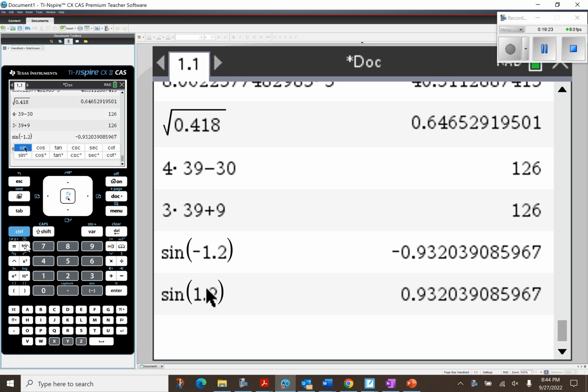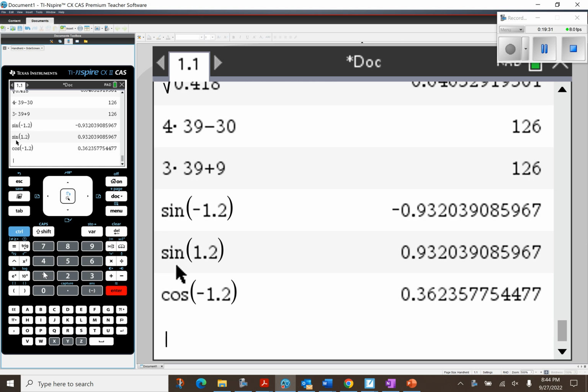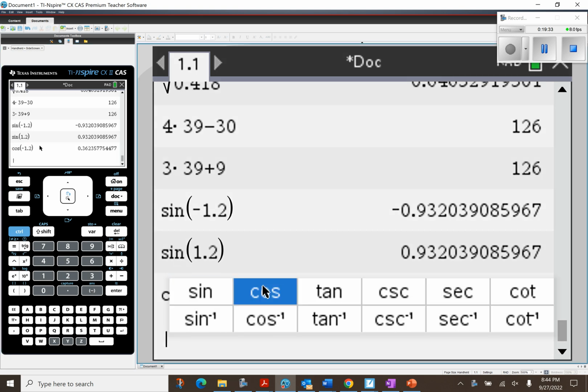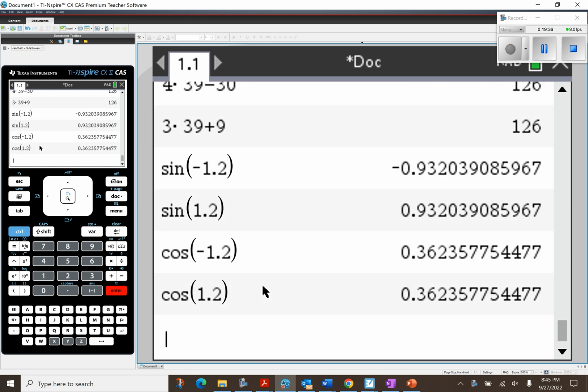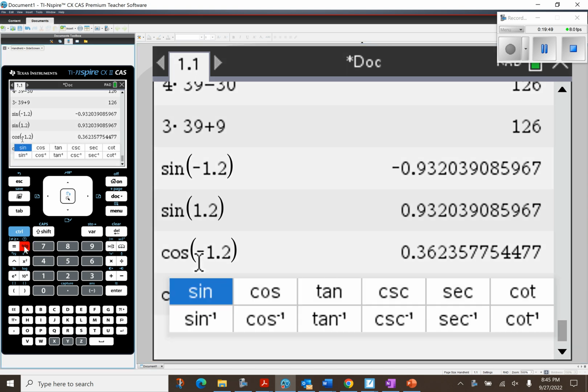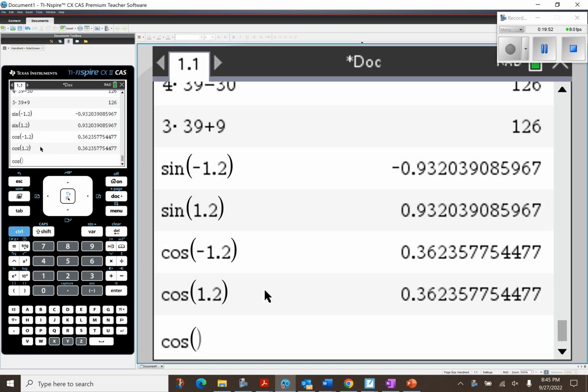Okay, but if I do the same thing with cosine, the cosine of negative 1.2 and the cosine of positive 1.2, they're the exact same value, exact same sign. Both of them have to be positive. Let's try cosine of negative 2.2. That should put me in quadrant 3. Again, it's negative.